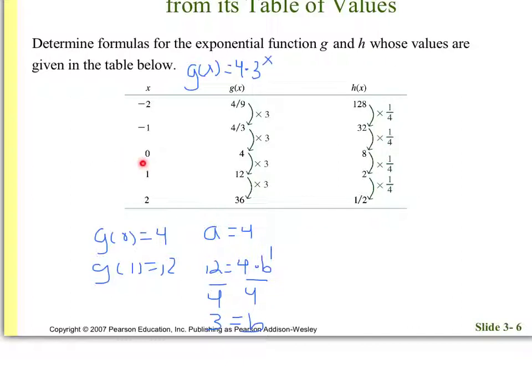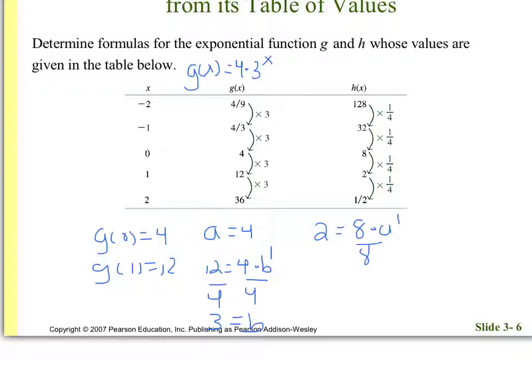So I look here, a is 8. I know a is 8 because when x was 0, a was 8. So that's what a is. And then I'm going to use the 1 and the 2 here. So I know when x is 1, the function equaled 2, so 2 equals 8 times b to the first.